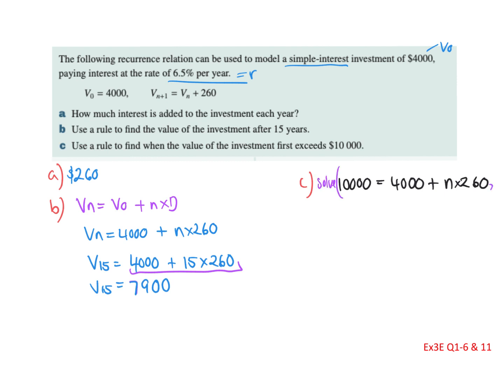But remember, don't write that on your exam paper. Just write what's in the black and solve it and write n equals. So we got 23 point 1. So what are we going to say? 23.1 years. No, let's just go to the nearest year, which would then be after 24 years.